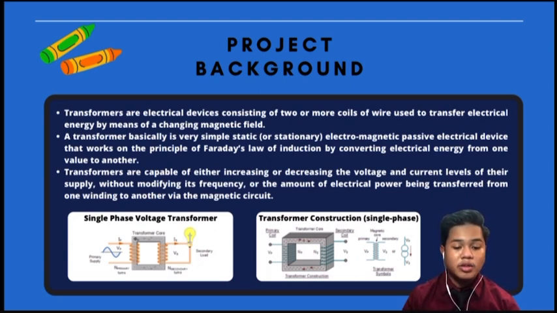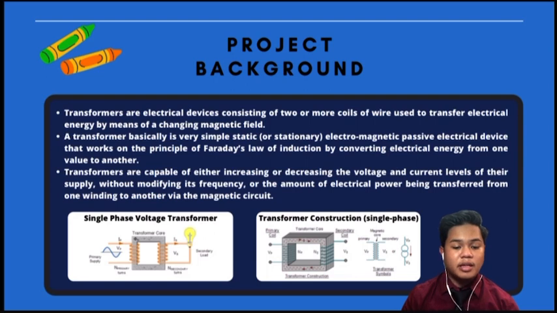These two coils are not in electrical contact with each other but are instead wrapped together around a common closed magnetic iron circuit called the core. This soft iron core is not solid but made up of individual laminations connected together to help reduce the core magnetic loss.